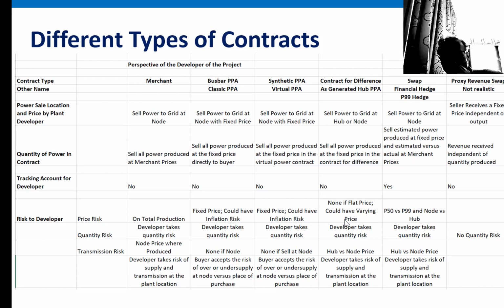Could have either. But the other thing they might do is they might make a price that's higher in the day and lower in the night. It's incredibly difficult, I would think, to make a really liquid market on something where you don't know the exact amount of the output. And then we go to a financial hedge.